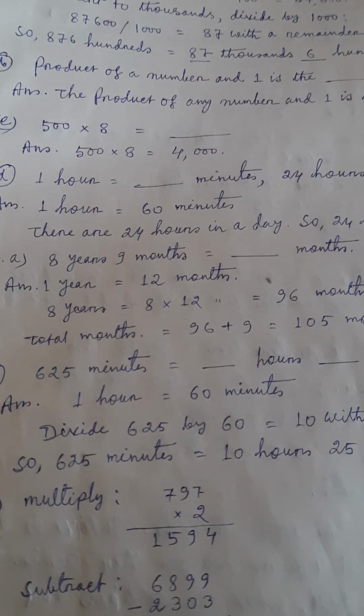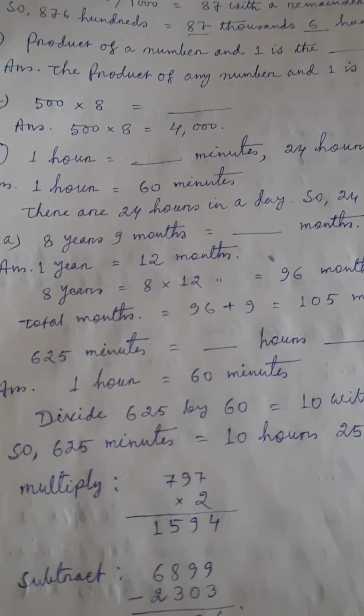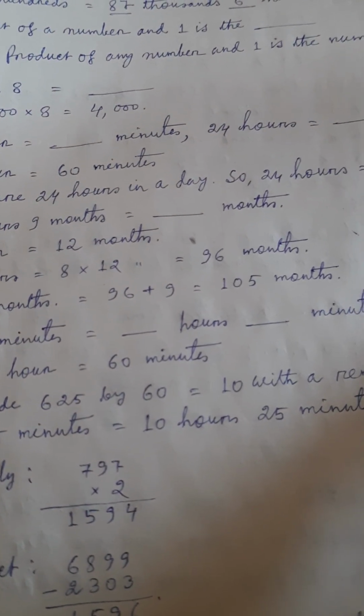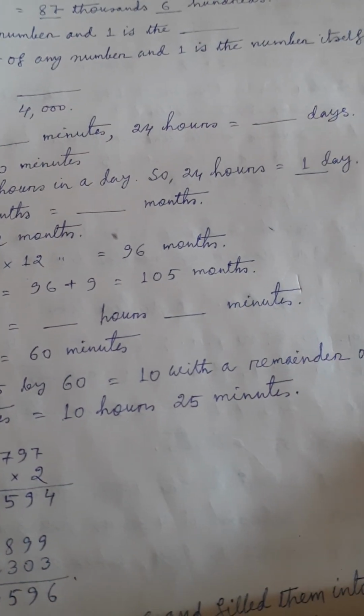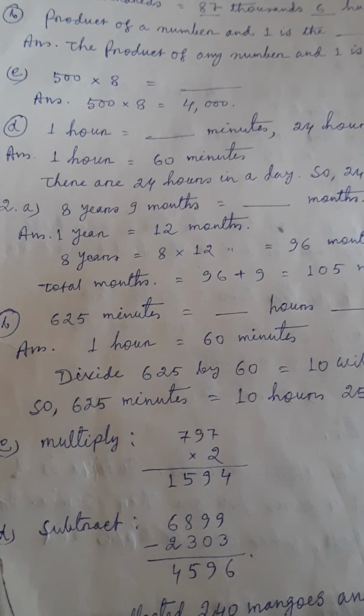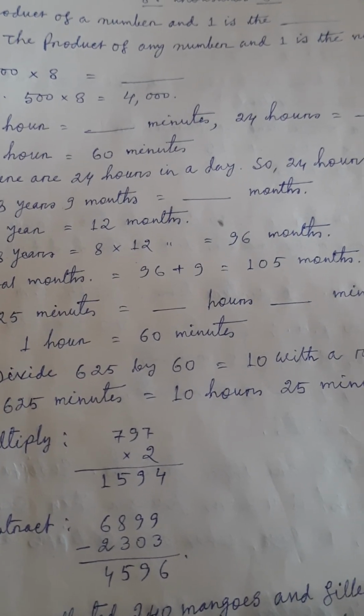Answer: 1 hour is 60 minutes. Divide 625 by 60, which is 10 with a remainder of 25. So 625 minutes is 10 hours 25 minutes.